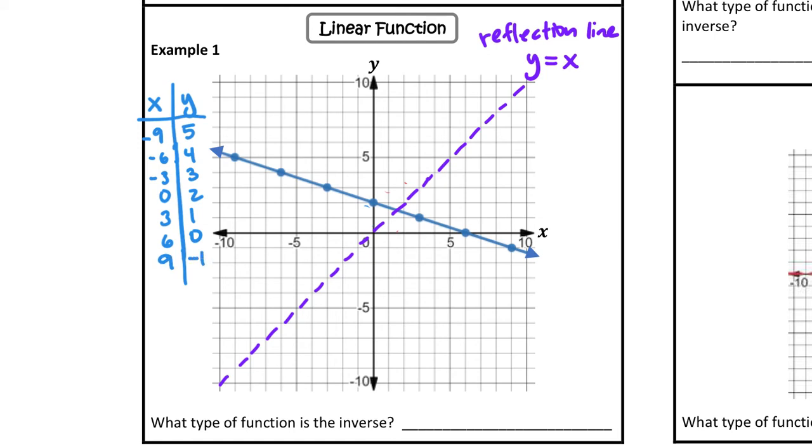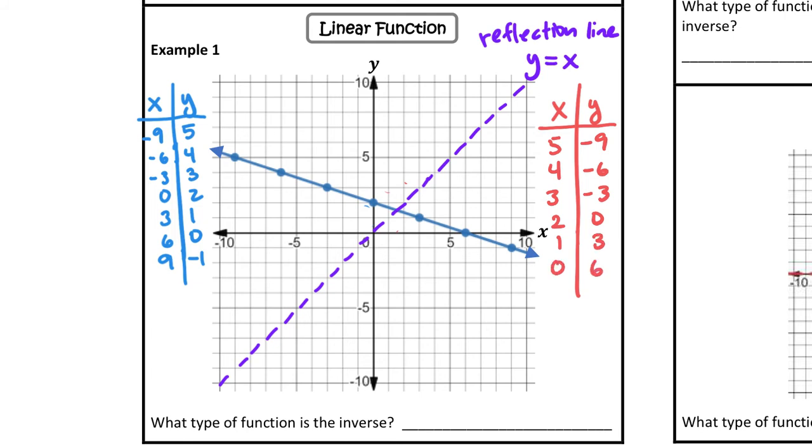So then if I make a list of x and y over here and I just switch them: if I switch -9 and 5, it's going to be 5, -9, then 4, -6, 3, -3, 2, 0, 1, 3, 0, 6, and -1, 9.